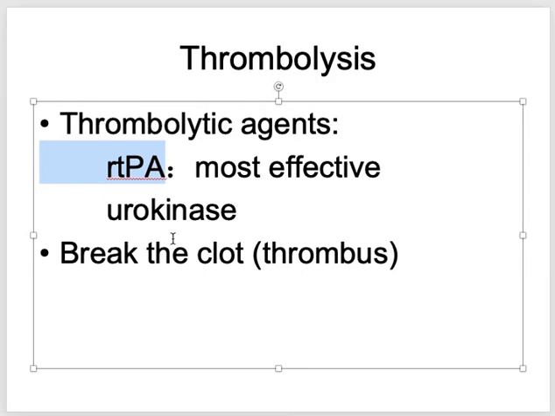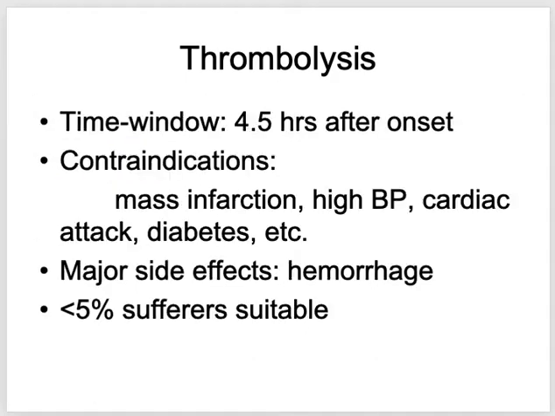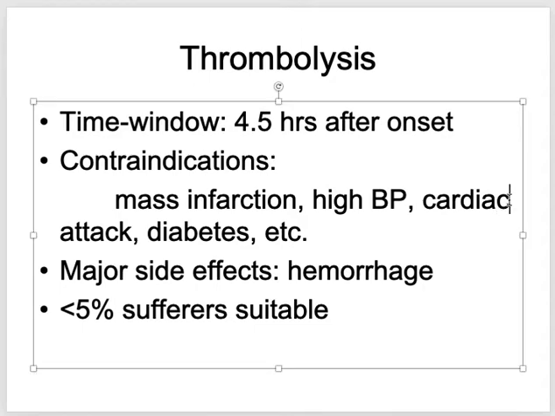It is as effective as urokinase. It breaks the clots. That's why it is called thrombolytic. Okay, now the important thing is the contraindications. Okay, guys, anyone who has massive infarction, high BP, heart attack, or diabetes.